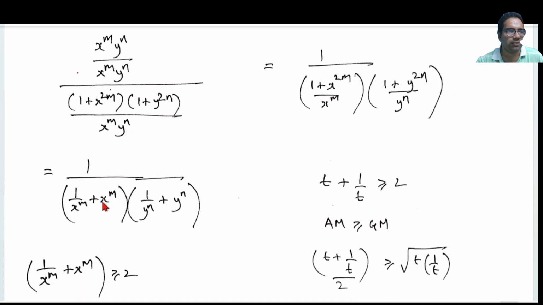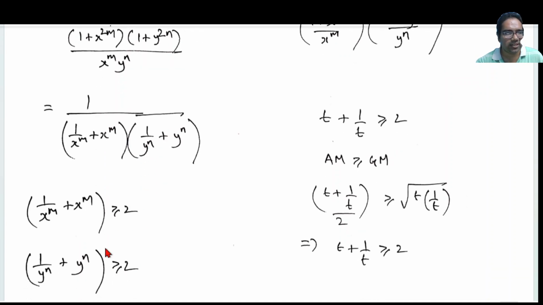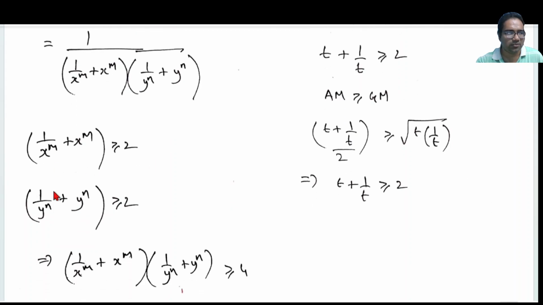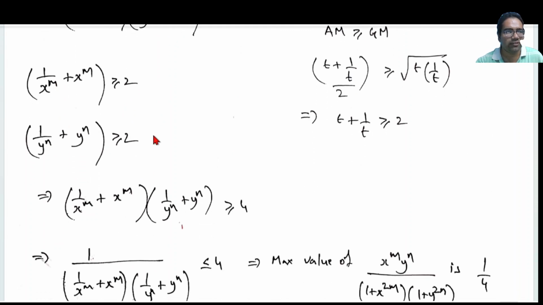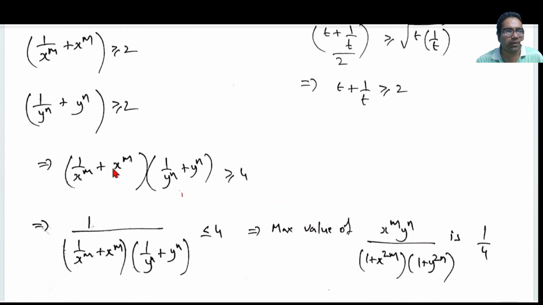That means 1 by x^n plus x^n is greater than or equal to 2. Similarly, 1 by y^n plus y^n is also greater than or equal to 2. So the product of these two is greater than or equal to 4. That means the inverse of this product should be less than or equal to 1 by 4.